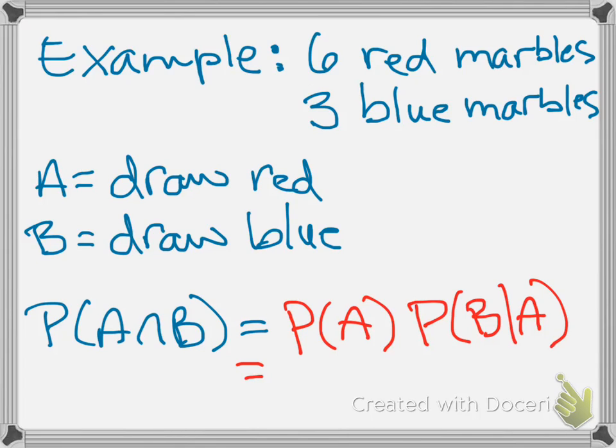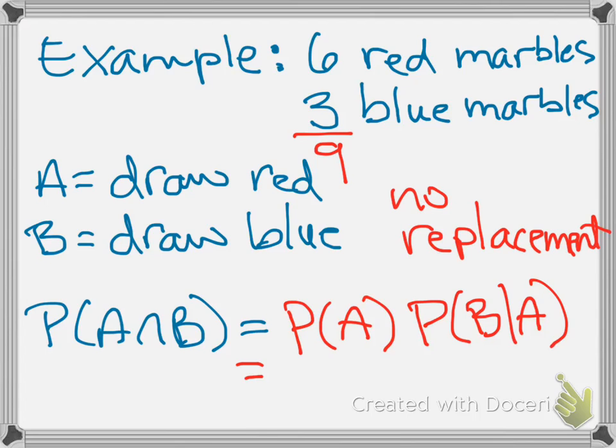So let's go ahead and calculate that. Well, if we've got 6 red marbles and 3 blue marbles in our bag, that means we have 9 total marbles to begin with. And also we're going to assume that we're not replacing anything here. Should have mentioned that before. So first of all, we need to calculate the probability that we draw a red marble on the first draw. Where if there are 6 red marbles out of 9 total marbles, then the probability of drawing a red marble is 6/9.